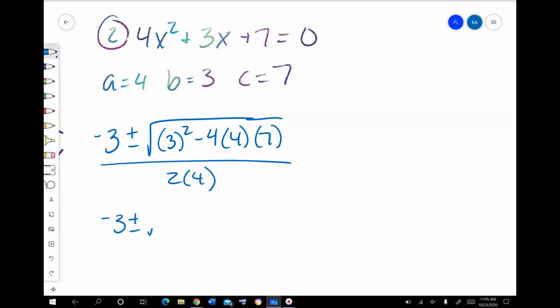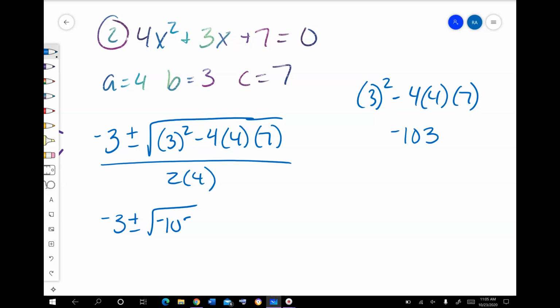Simplify. So I need to come over here and I need to do this on the side. Because if you type all that in your calculator, it's going to give you an error because it's going to give you a negative number. 3 squared minus 4 times 4 times 7. I get -103. That's why you can't do the radical. The radical gives you an error.